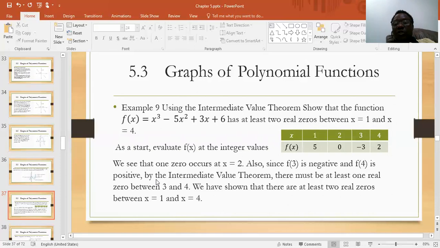The first one is between 1 and 3, because at 1 we have 5, and at 3 we have -3. So between 1 and 3 there is a zero, which happens to be at 2. Also, between 3 and 4, f of 3 is -3 and f of 4 is 2. So the signs are opposite, and between 3 and 4 there must be another zero of the function. This is due to the intermediate value theorem.